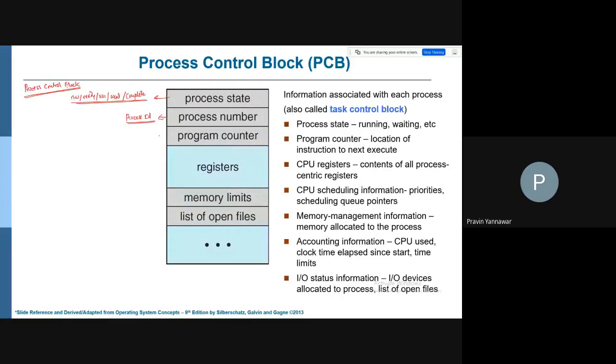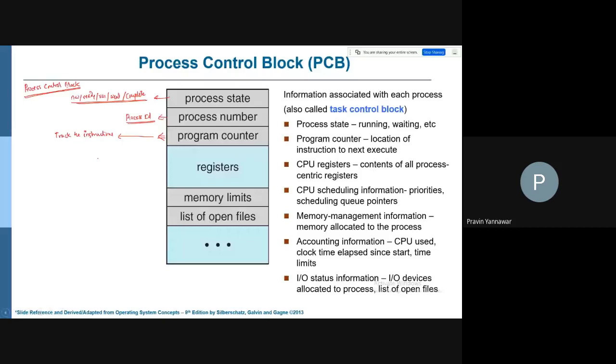Then each process needs a program counter. This will track the instructions, the location of instructions to execute. This is important.